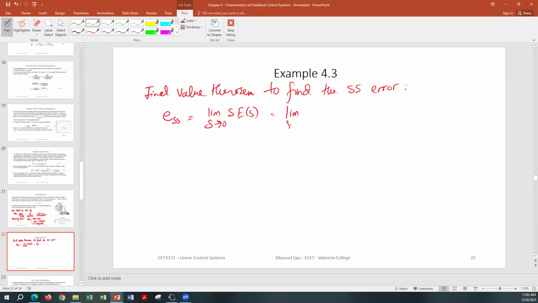Limit s tends to 0, E(s) is 1 minus transfer function times input, and we know that the input is a over s.